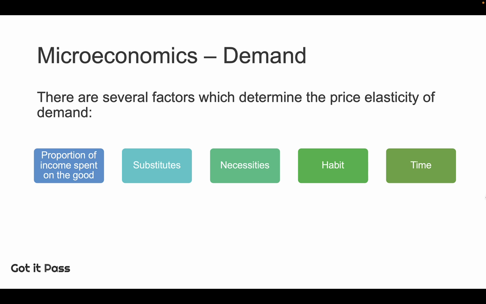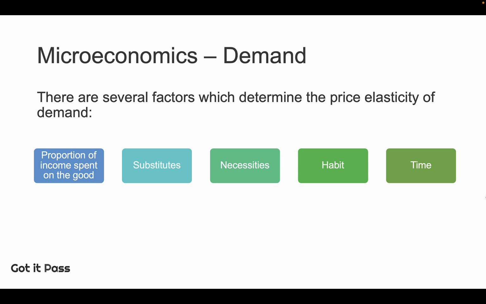And then time. In the short run, consumers may be ignorant of possible alternative goods in many markets. So given a short period of time, even though the price is going up, consumers may not switch to the alternatives because they need time to look for them. So they just continue buying certain goods when their prices rise.